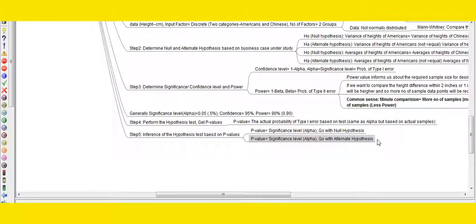So based on the p-value, I decide whether to go with the null hypothesis or the alternate hypothesis. This decides which one is my critical factor. If the p-value is lesser than the significance level and I go with the alternate hypothesis, that means the factor was critical and is impacting my result.